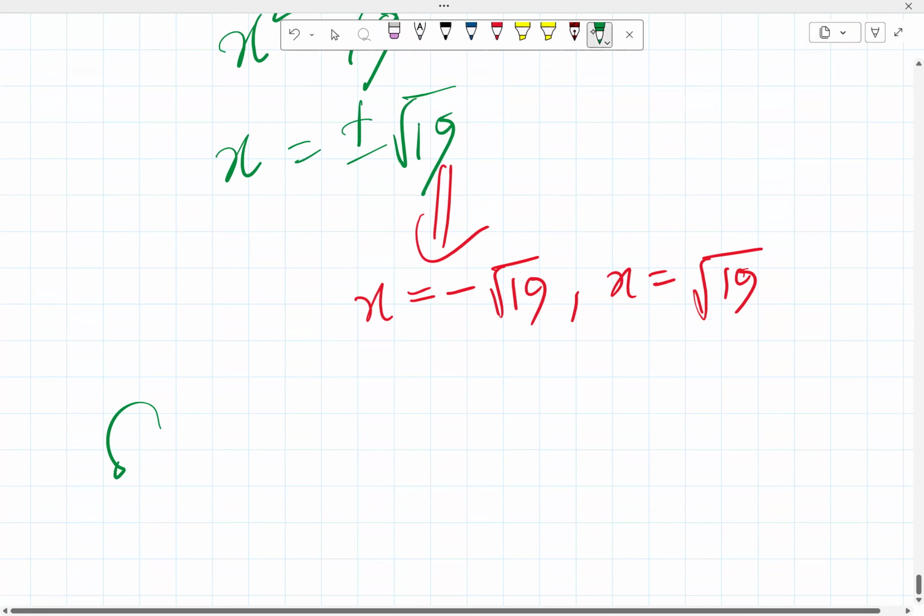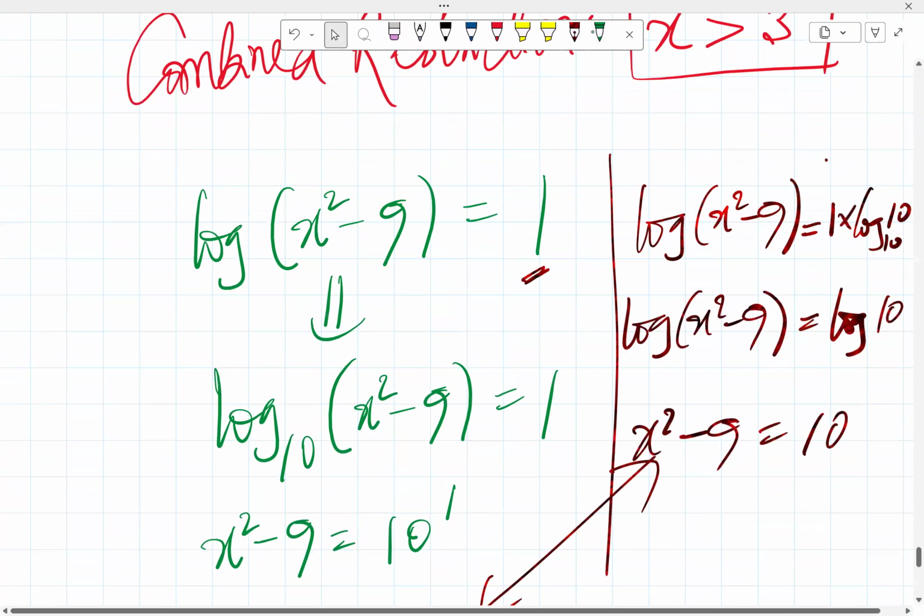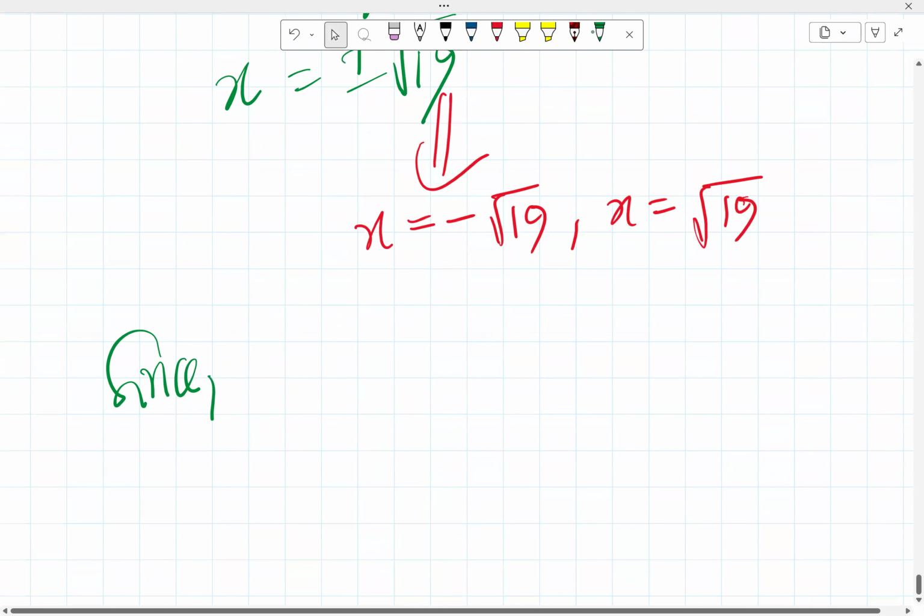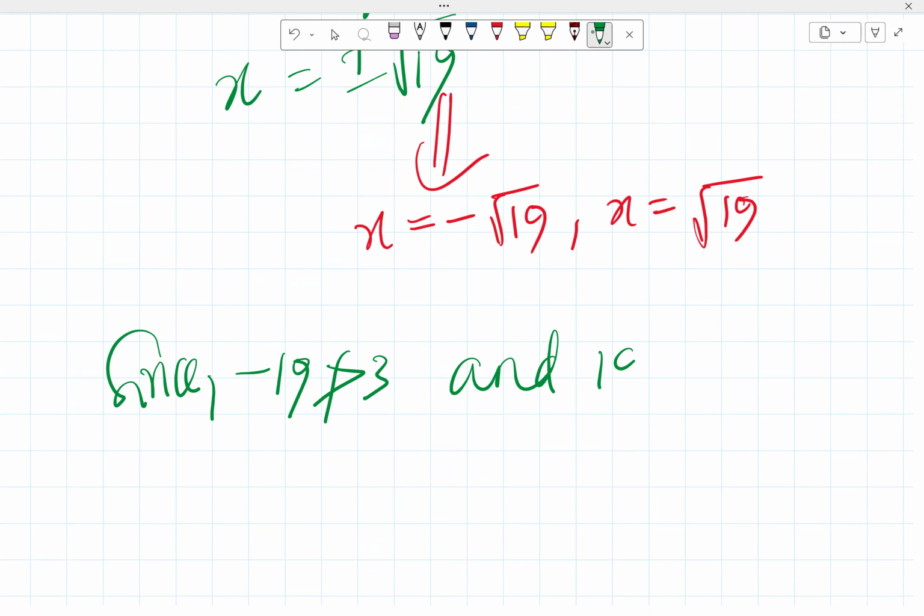Since the domain restriction is that x is greater than 3, minus root 19 is not greater than 3. Of course, square root of 19 is like 4 point something, so that is clearly greater than 3.